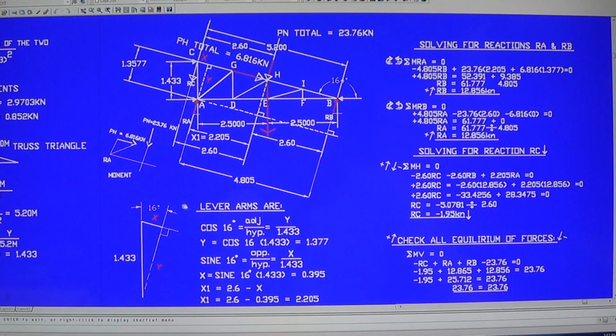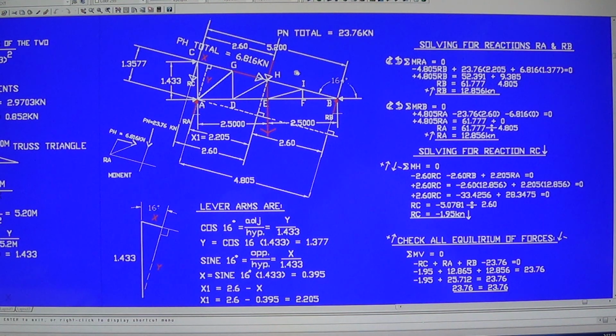When you take a moment at A, or either way, we need to determine the lever arm first, for both the horizontal and vertical. We need a lever arm to take the moment and get the reactions RA and RB. So solve for the lever arm.